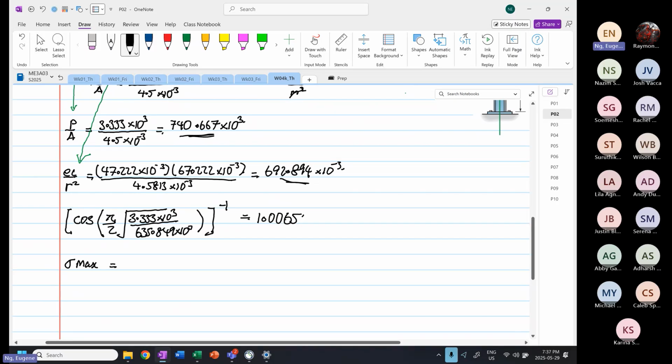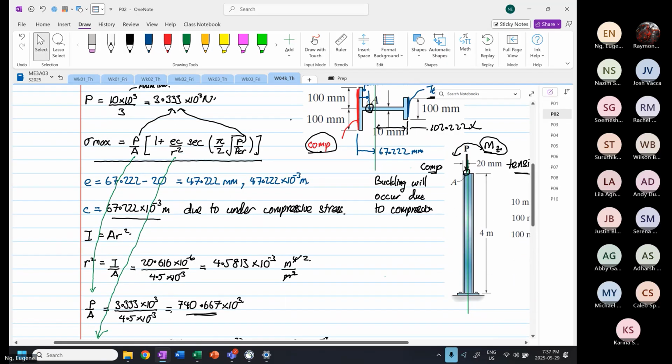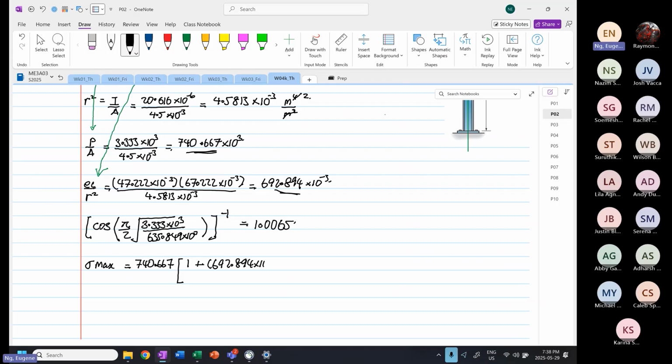So therefore stress max will be equal to 740.667, right? So bracket 1 plus EC over R squared, 692.894 times 10 to the power -3 multiplied by the secant bracket power to P over PCR.